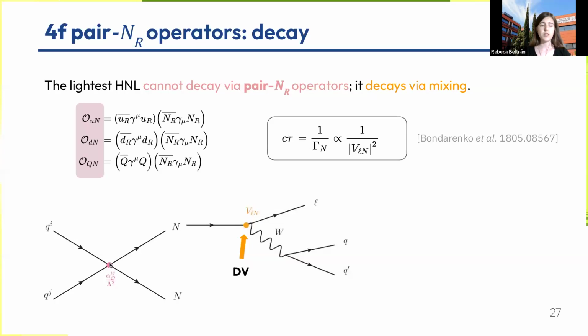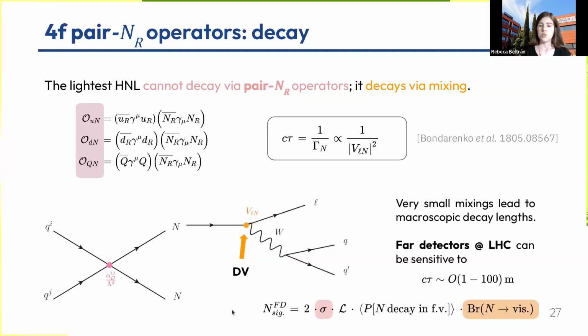And again, if one has very small mixing values, this will result in large decay lengths. So what we are doing here is decoupling the production and decay mechanisms, so we can maintain high rates of production while exploring very small mixing parameters. So now what we see is that far detectors at the LHC, which can be sensitive to decay lengths of the order of 1 to 100 meters, could be sensitive to these scenarios.